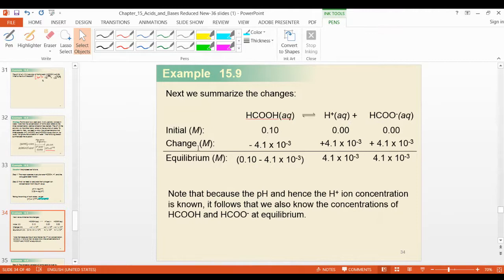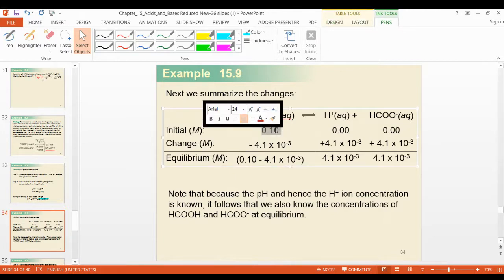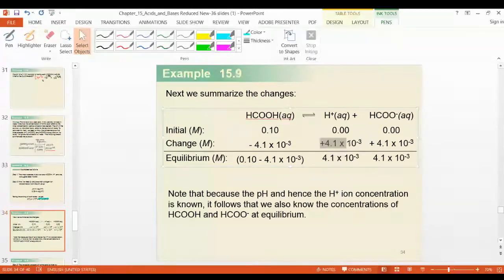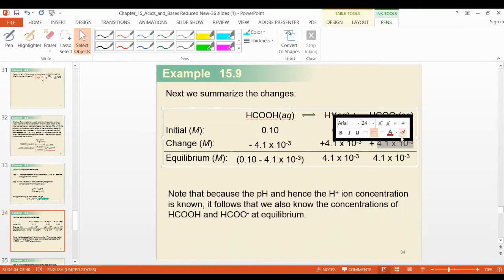But how much is the change? Because the pH value is already given, that's why you got this value. This much quantity is reduced from 0.1. It's not X, because this is already in the solution. That's why this quantity is reduced and the same quantity is added into the products. That is then the change.